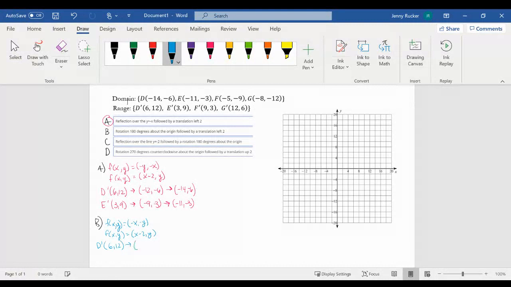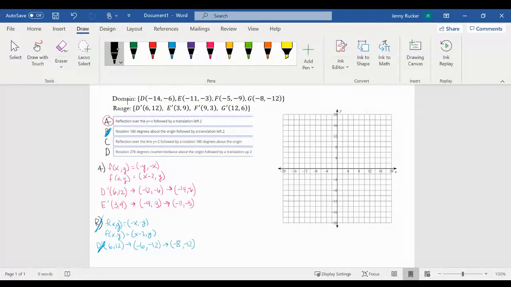We're going to do opposite of x, opposite of y, so that's negative 6, negative 12. Then we're going to move that to the left 2. So that's going to become negative 6 minus 2 is negative 8, negative 12. And already we can see that this is not a series of transformations that will get the range back onto the domain. All right, let's try choice C.